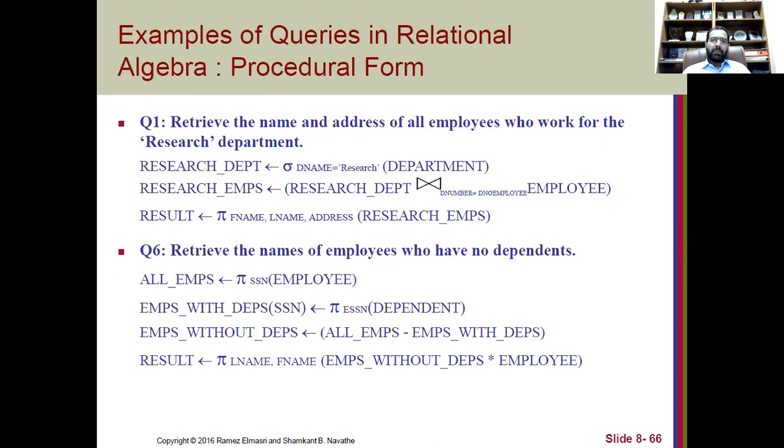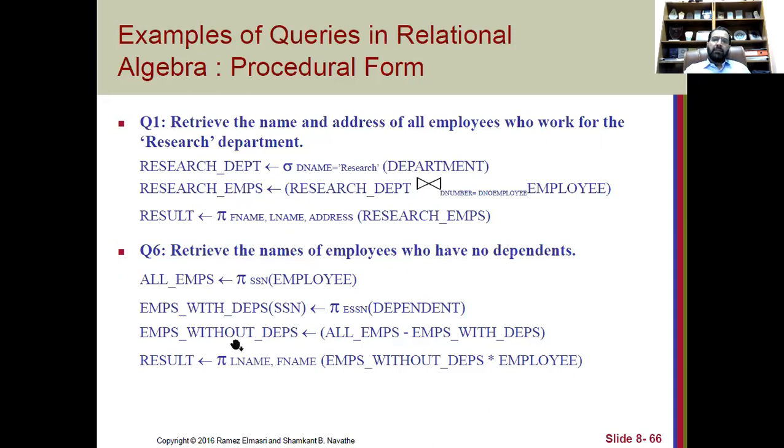Here pi SSN means the project of employees. We are only interested in SSN. Then we take the ESSN from the dependent. So SSN from the employee gives all employees, and ESSN from the dependent gives the employees with dependents.